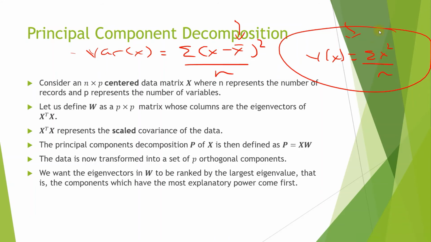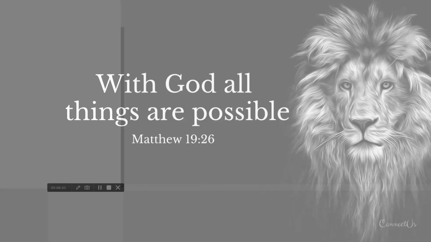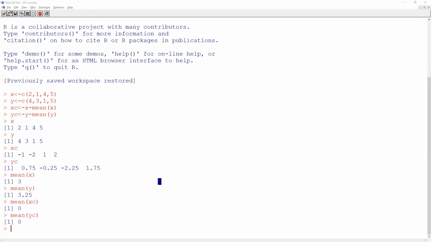So this is why you will note that I can compute the variance in a similar fashion here by taking the VARXC, we call it variance of a centered data, which is equal to the sum of the centered data squared.